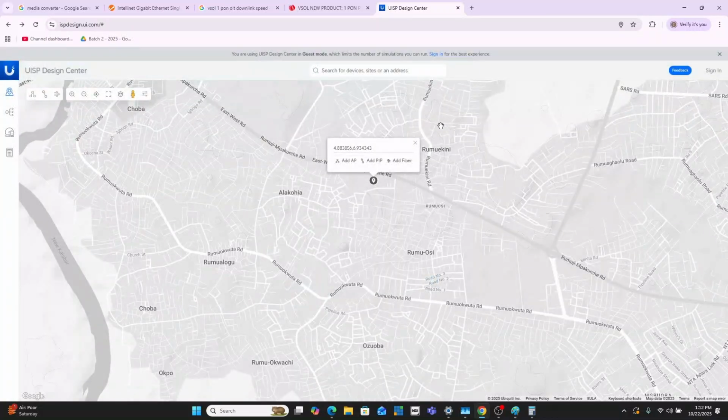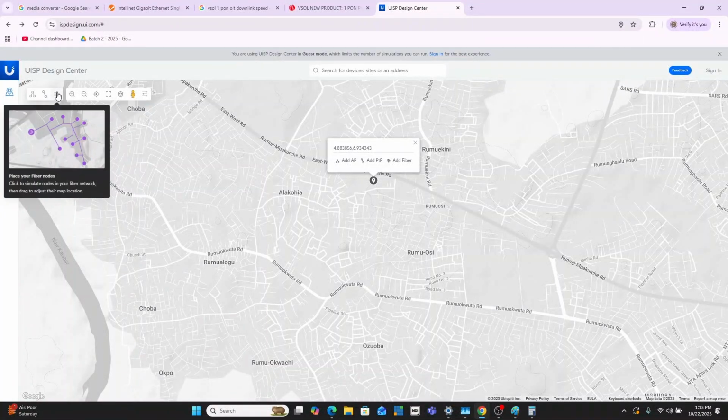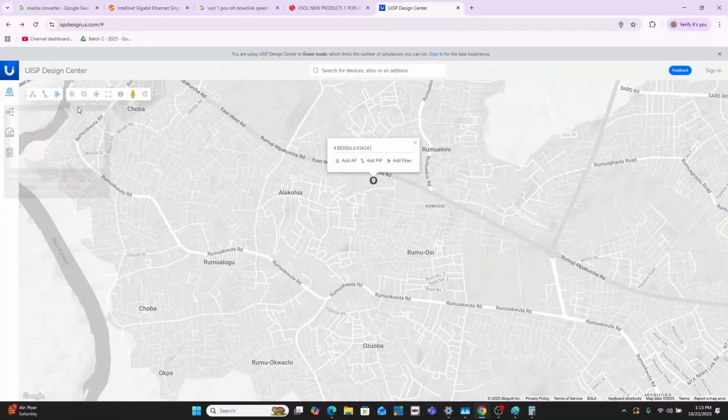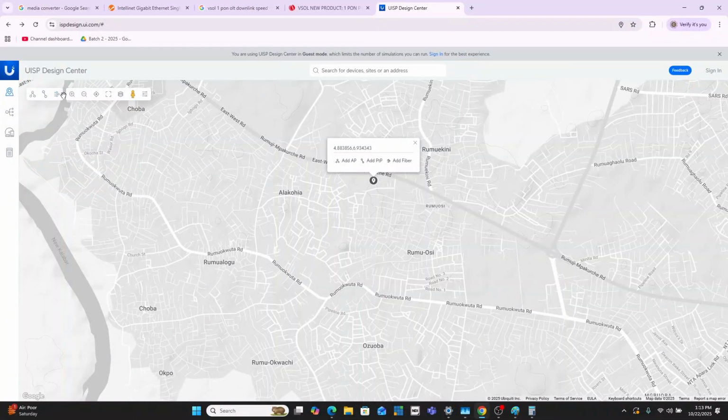Once you open the website for the first time, it shows you maybe a pop-up of what to do. But if you don't know what to do, over here there's a button. Do you see this button? Yes. Place your fiber nodes, isn't it? I want you to click on it. Now, just unselect that fiber node.